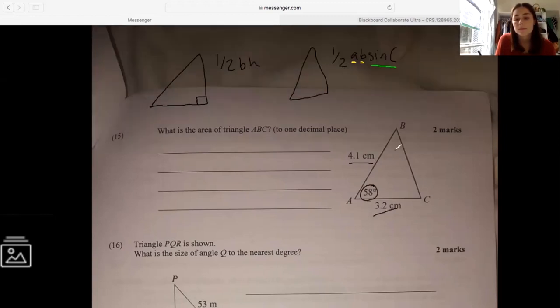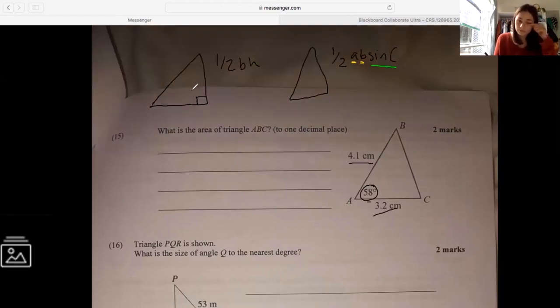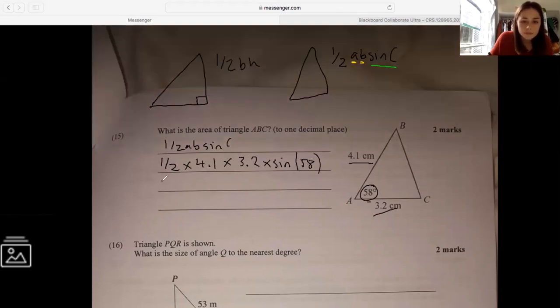So we can do it. So you get 5.6. Yeah, 5.6. Cool.